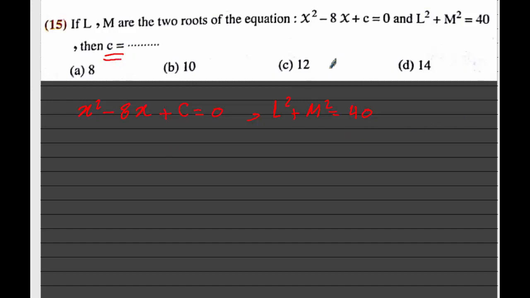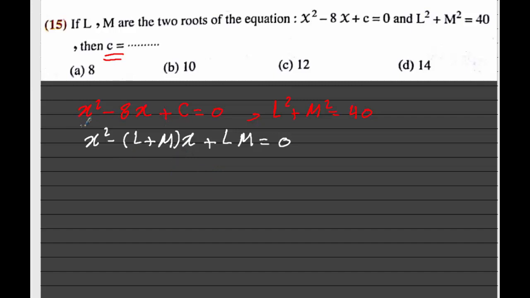So from the given equation, we know the general form x squared minus (L plus M) multiply x plus LM equals 0. It is the general form of the quadratic equation whose roots are L and M.